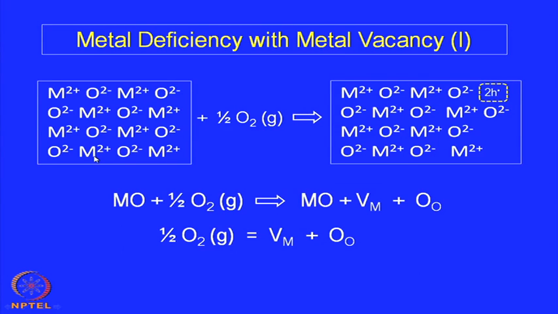In the identical manner, we can talk about metal deficiency. We have talked about oxygen deficiency, now we are talking about metal deficiency. It is more or less the same situation, just in a reverse manner. Here we are adding oxygen, earlier we have been releasing oxygen.